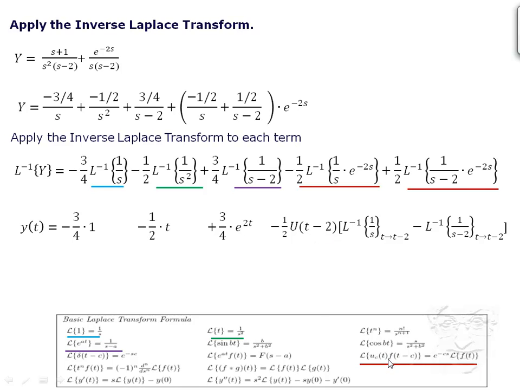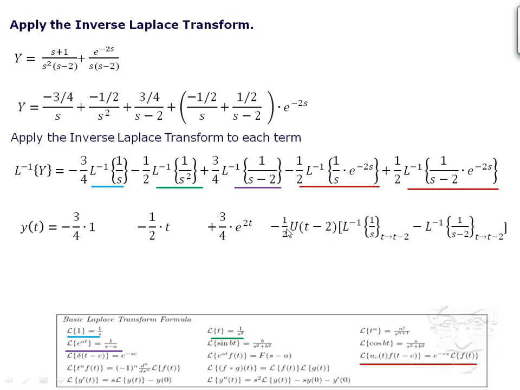It is going to require that our function inside, once we apply the inverse Laplace, we're going to have to shift 2 units. So when we find the inverse Laplace, we're going to have to shift the t to t minus 2.